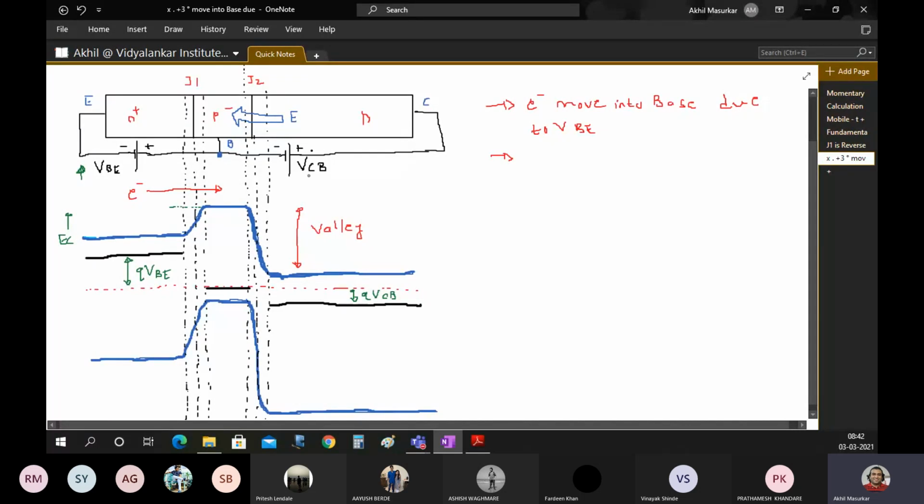The electric field because of VCB will be in this direction. Electrons are coming in this direction. So what will happen? They will come into the base and they see a huge valley on the other side. That is why they will try to go into the collector.